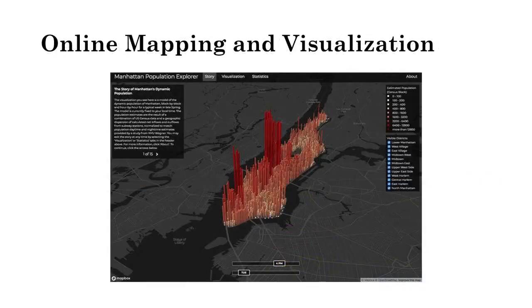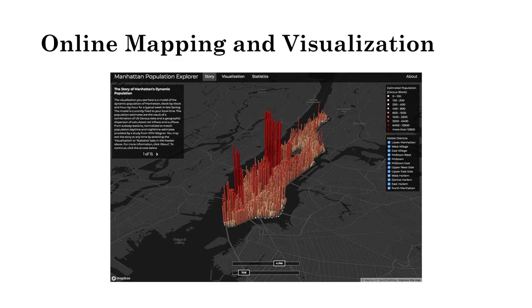So online mapping and visualization, this is just a brief little thing here. Online mapping and visualization is typically done with a GIS, and what it does, it takes the layers and combines them all into one integrated map here. And it's typically done in a 3D manner so you can visualize what an area looks like. This is Manhattan. I could tell just by looking at the little area, and the island right below it says Statue of Liberty, and because it's in the corner it says Manhattan Population Explorer.